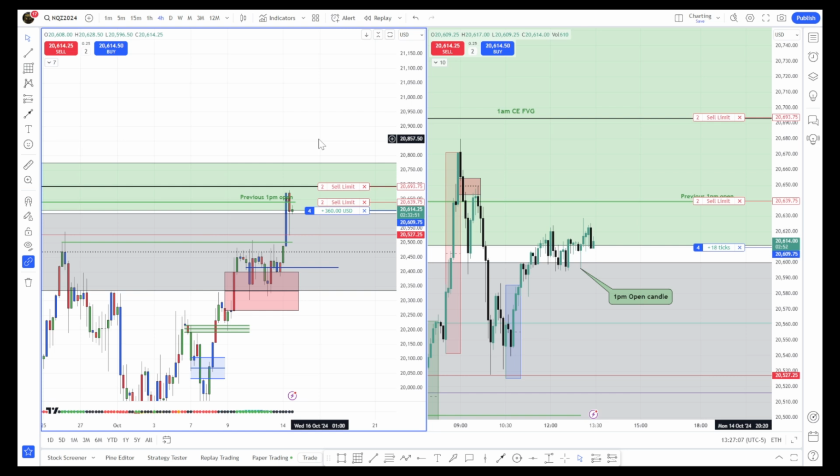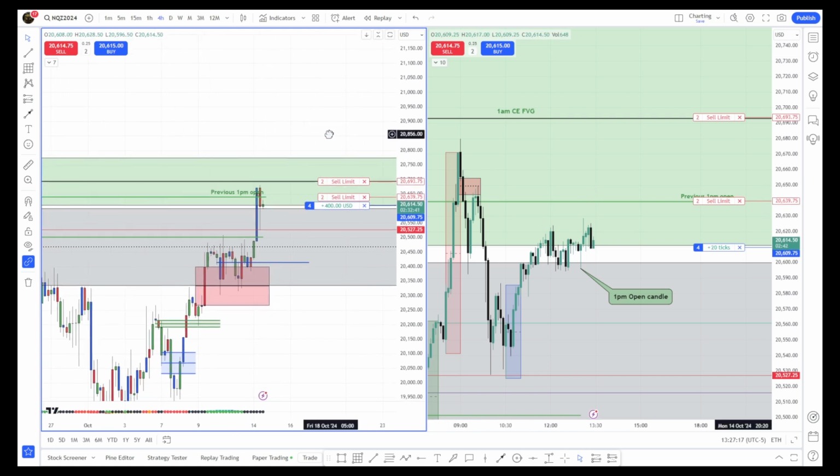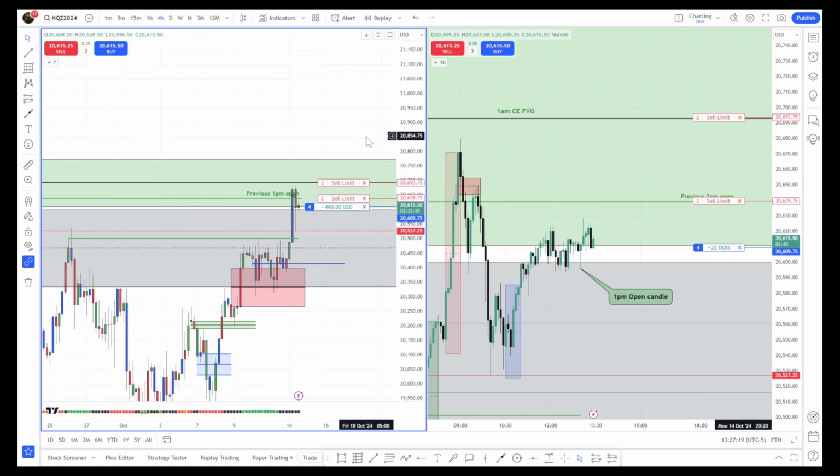And we have to see price show a willingness to move in the direction of one of these areas. And so I use the 5-minute chart to show price willingness and how price action is handling these areas.